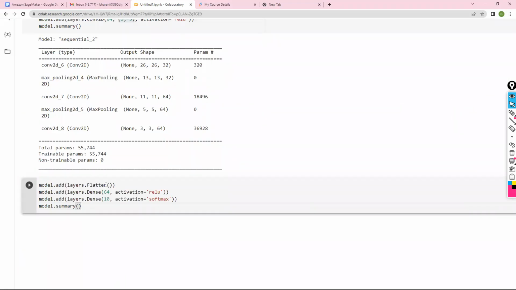So we are now adding, we are flattening those. Flatten means, if you look at the last convolution layer, it is giving you a dimension 3 by 3 by 64. But when you supply the features that you learned from the last convolution layer to your dense network, or fully connected network, or multi-layered perceptron, you need to ensure that these are in a single dimension.